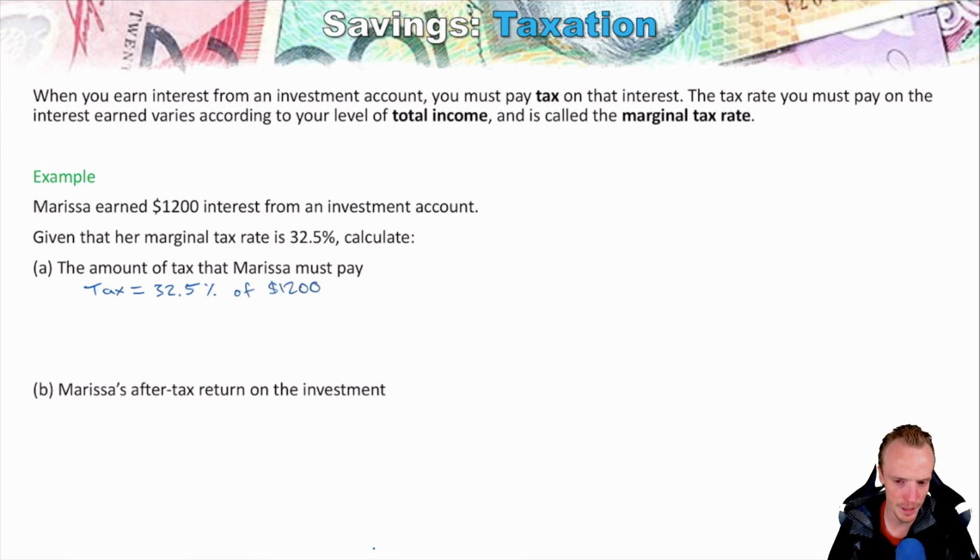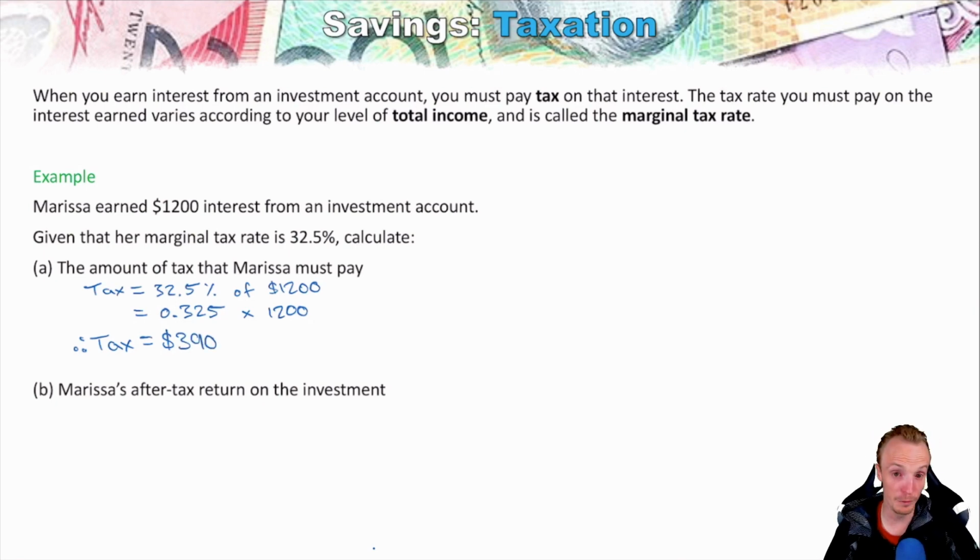And if we think of what percentage of means, it means that we need to represent the percentage as a decimal or divide it by 100. So that's going to be 0.325. Of means to multiply, and we're multiplying this with our 1,200. So therefore, our tax here, I'm just going to put this into the handy calculator. So 0.325 times 1,200 is going to be $390.